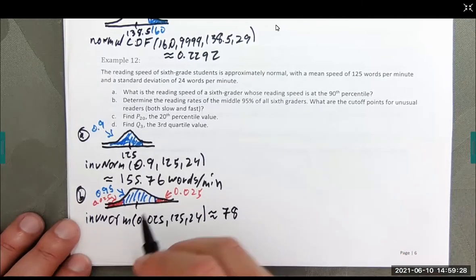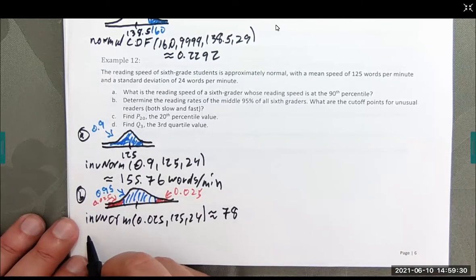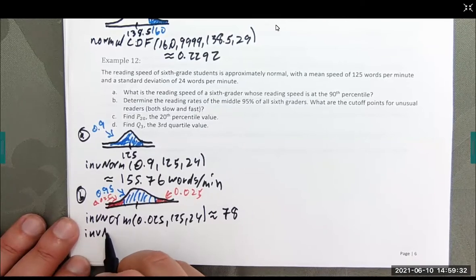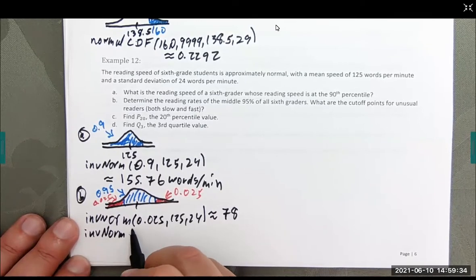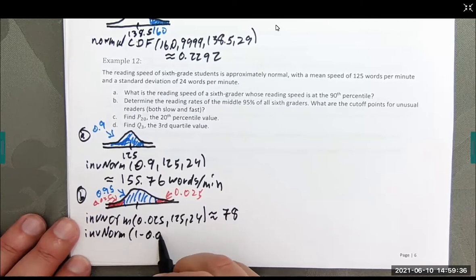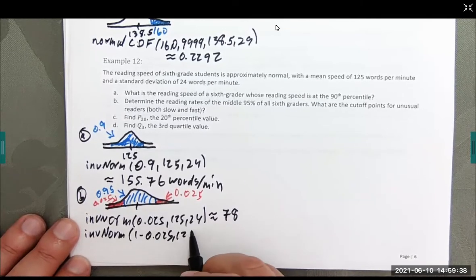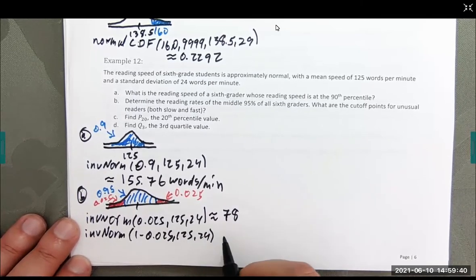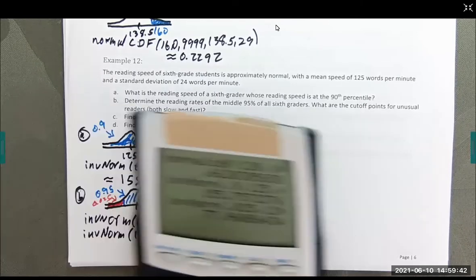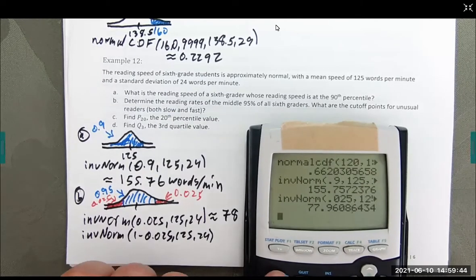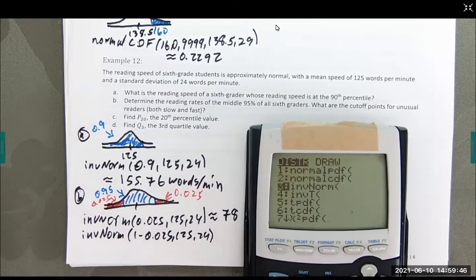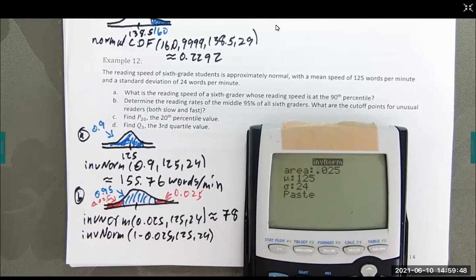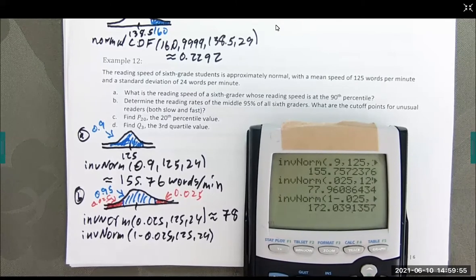And the upper one is going to be inverse norm 1 minus 0.025, mean and standard deviation the same, 172.